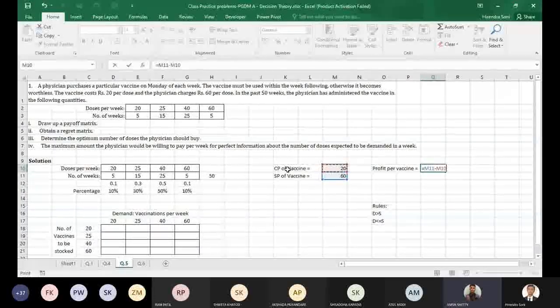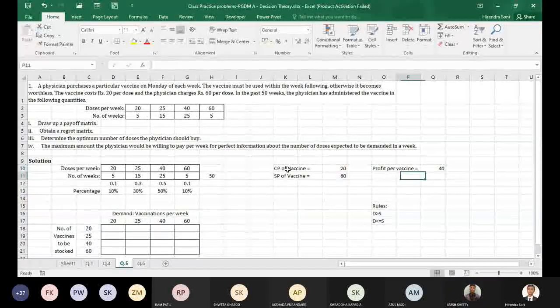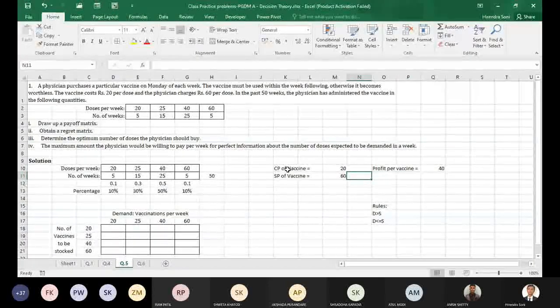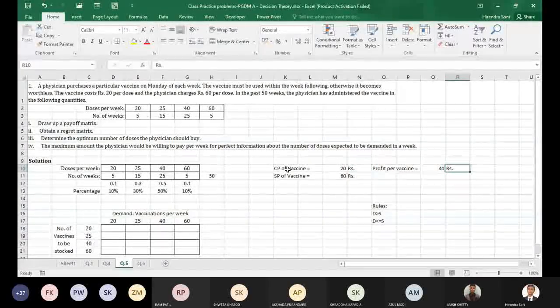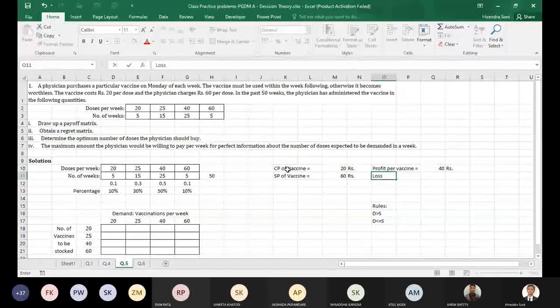And what about the loss? What will happen to whatever he did not use? If he is stocking the vaccine and it is not getting used, the loss would be the same as the cost.